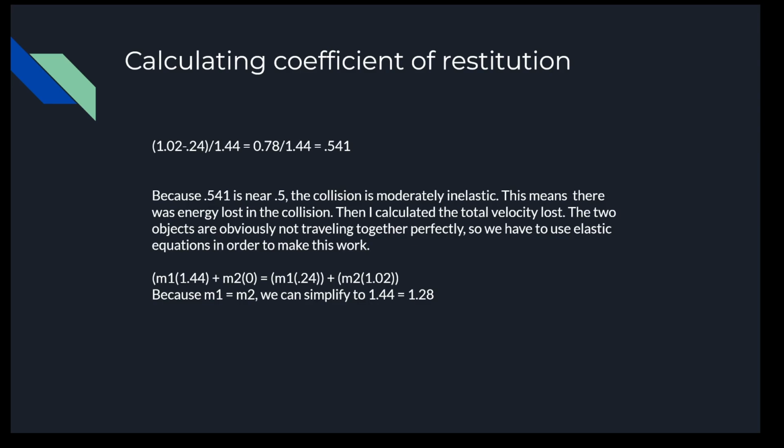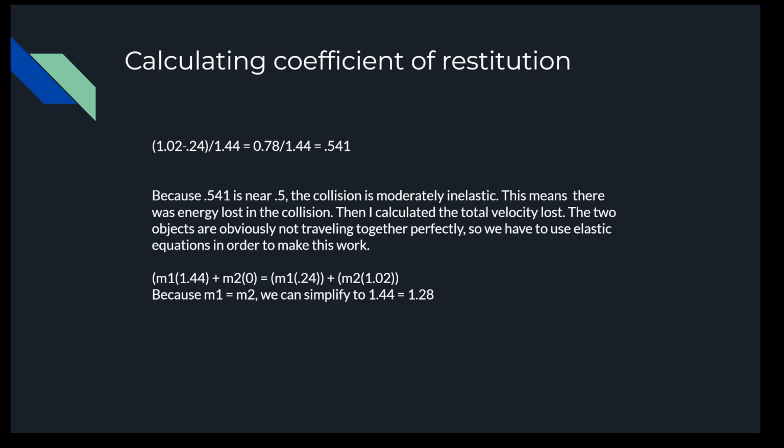Because it is not perfectly inelastic, we cannot use the inelastic equation in order to set this up. So I had to use the elastic equation. So the elastic equation is set up right there for you to see.